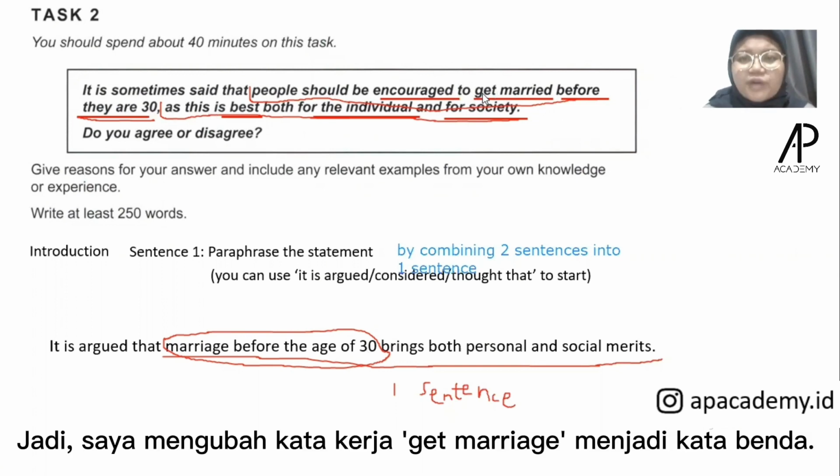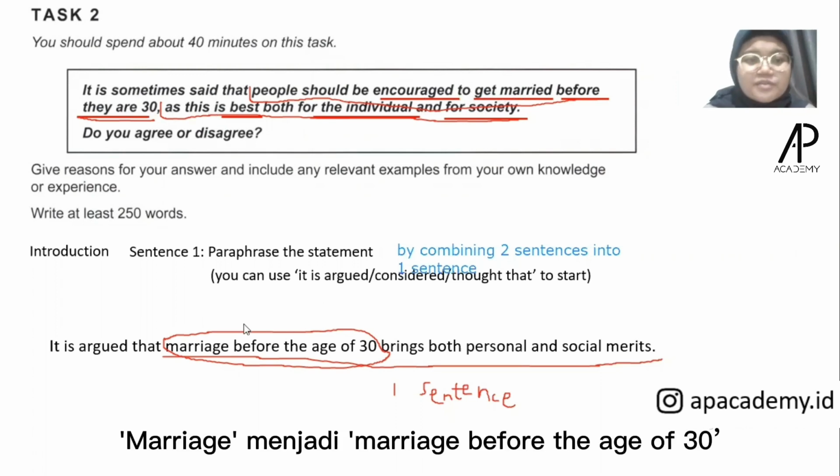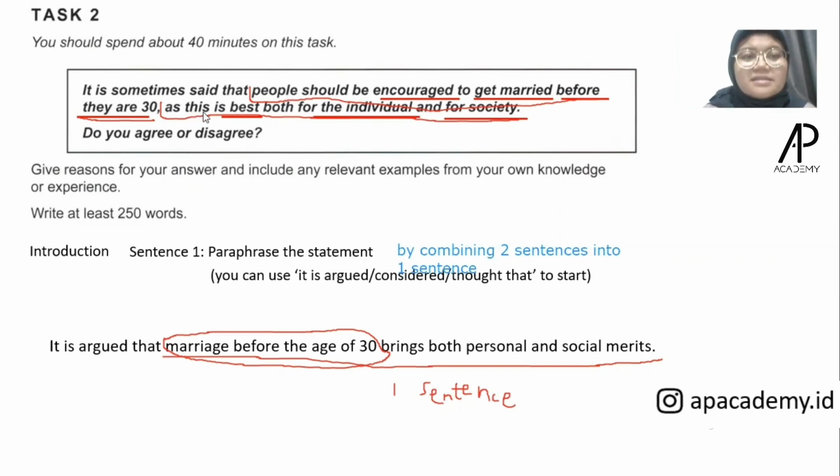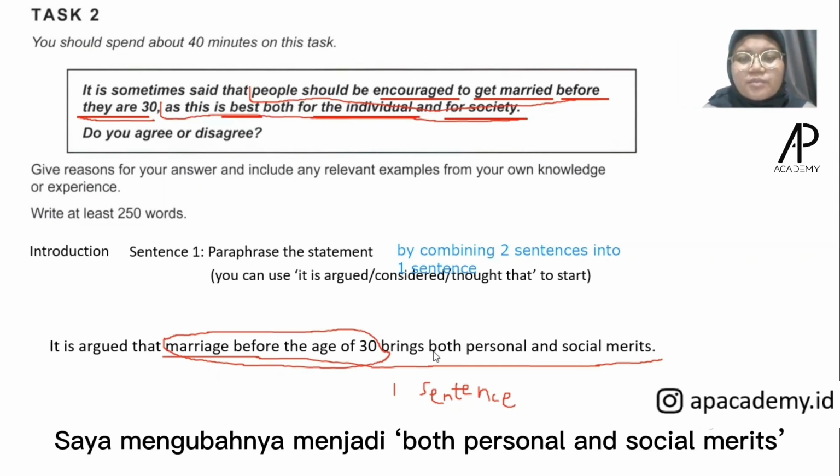So I change the verb get married into a noun, get married into marriage, and before they are becomes the age of 30. And then the second sentence is also changed into a noun phrase, as this is best both for the individual and for society. I change it into both personal and social merits.